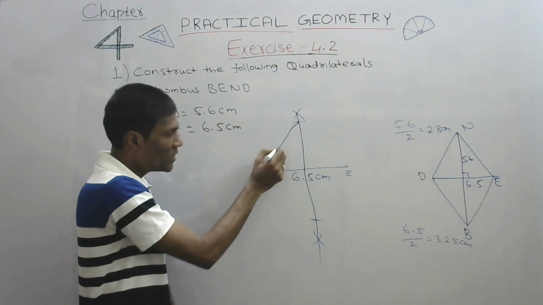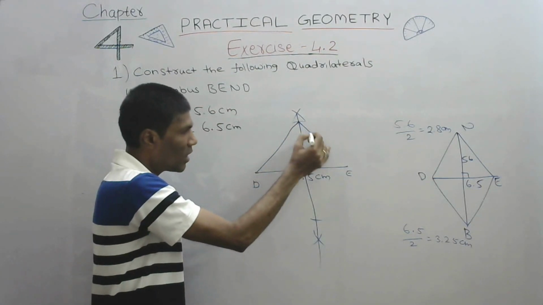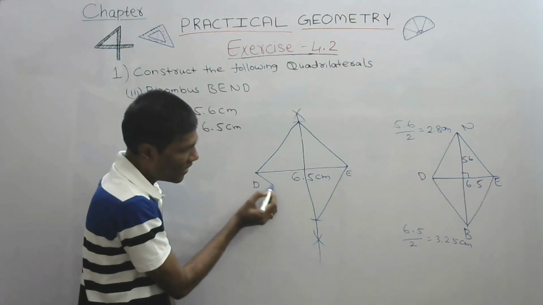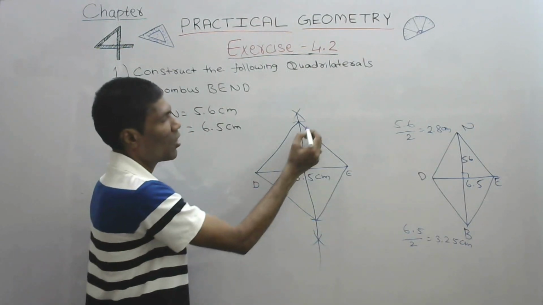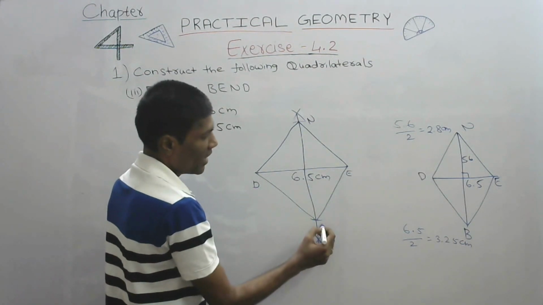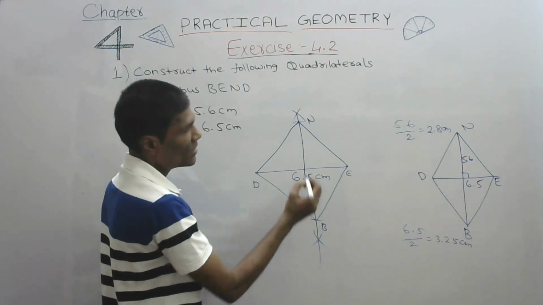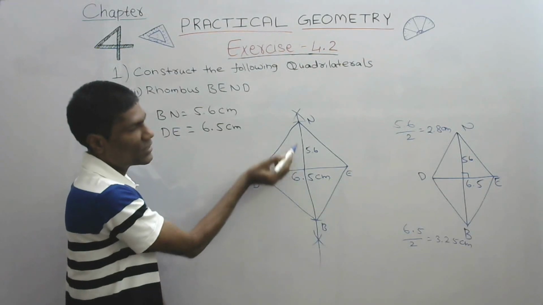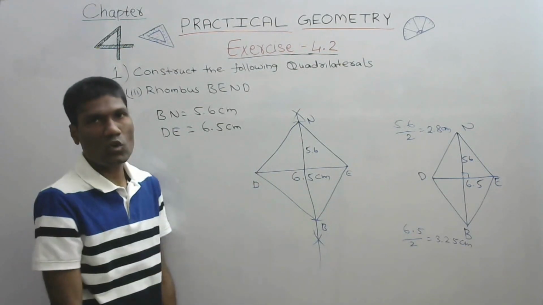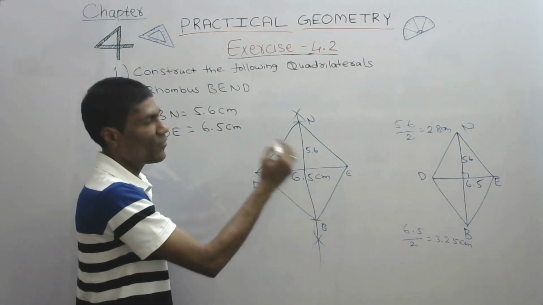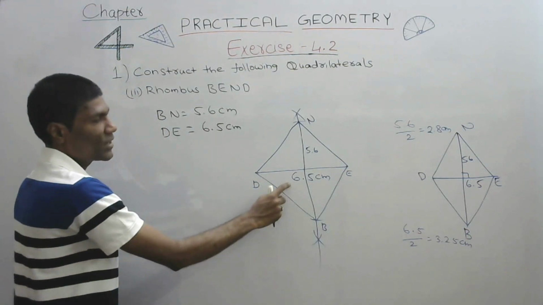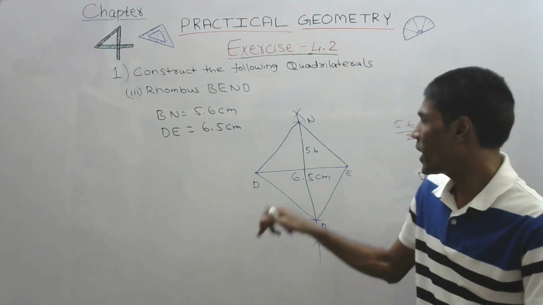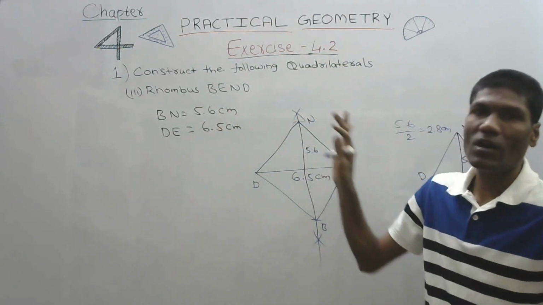Then join these two. Join these 2 points. We will get the required rhombus. This is N and this is B, and this length will be 5.6 because we have taken this 2.8 and this as 2.8, so it will be 5.6. So this is the method when we have two diagonals given to the rhombus.